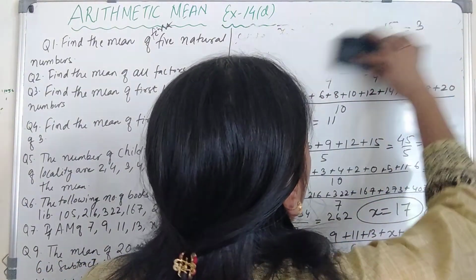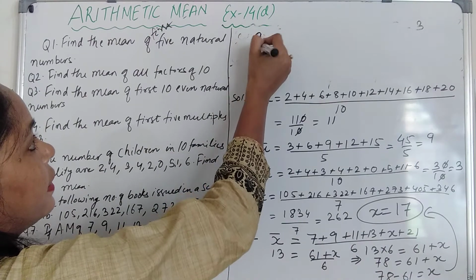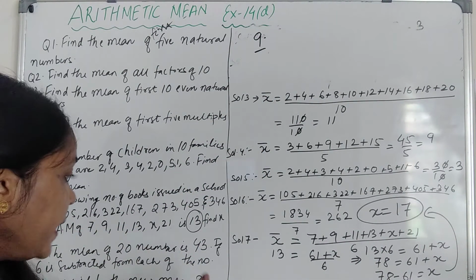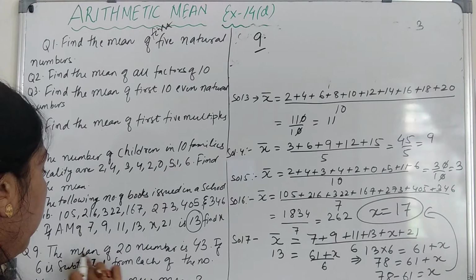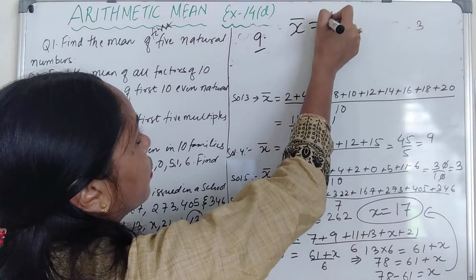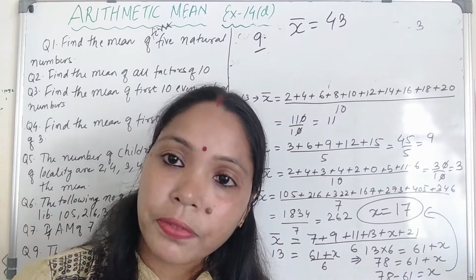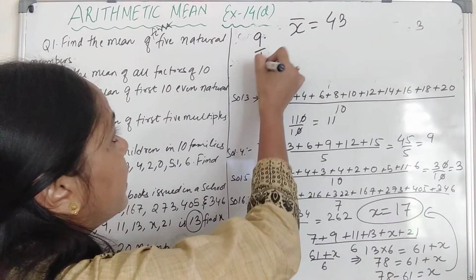Now see here, for question number 9, since 6 is subtracted from each of the numbers. The mean of 20 numbers is given as 43. Now 6 is subtracted from each and every observation. So what will be the new mean?